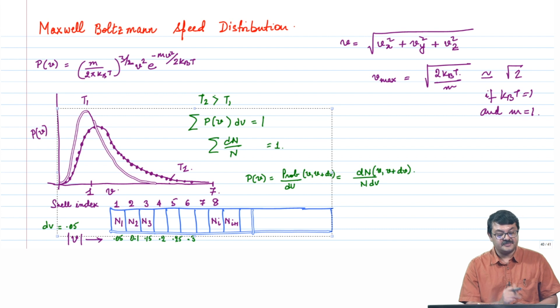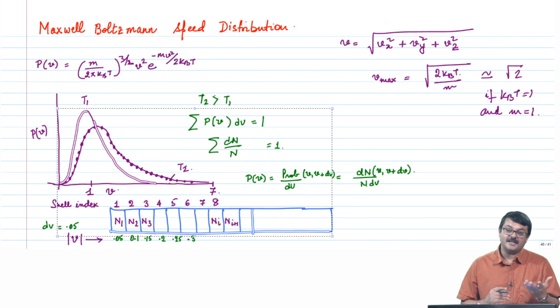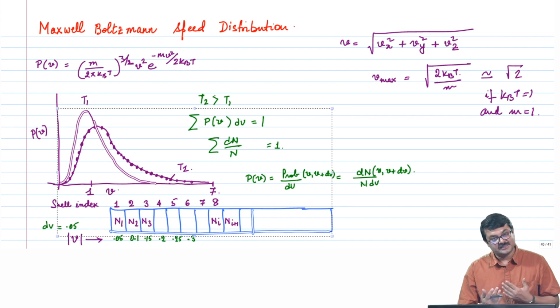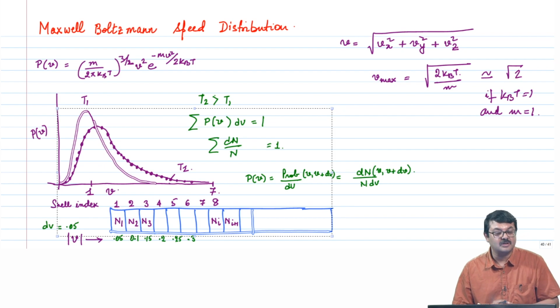And when I say that you have to calculate P(v) in the computer simulations, this again means that the particles are moving around in space, they are colliding, hence they are exchanging velocities with each other, there is momentum transfer from one particle to the other. So each particle will keep on changing its speed as it moves along.